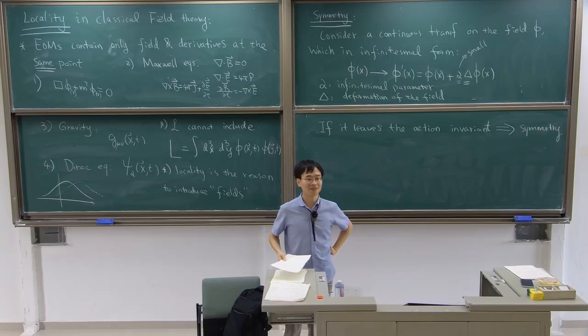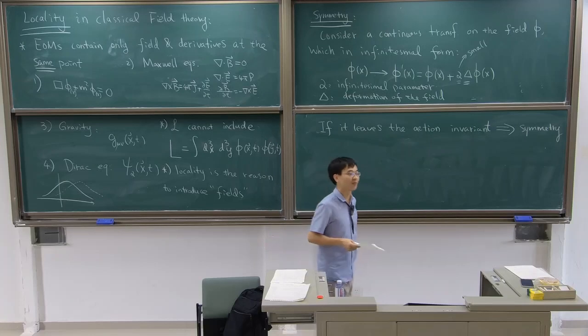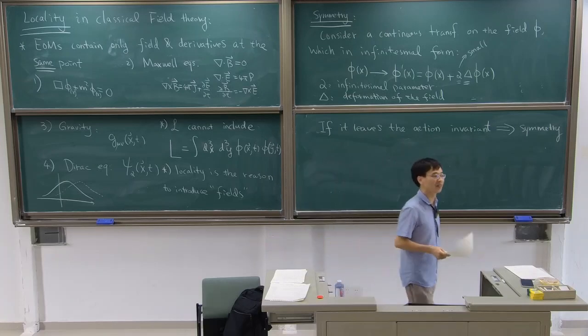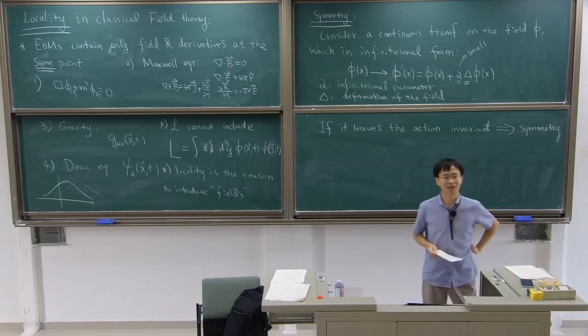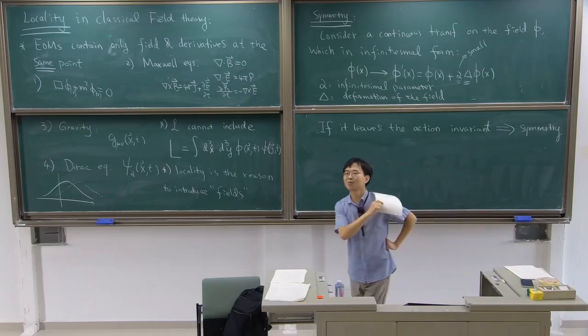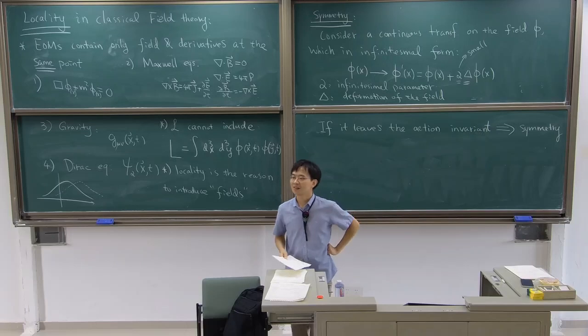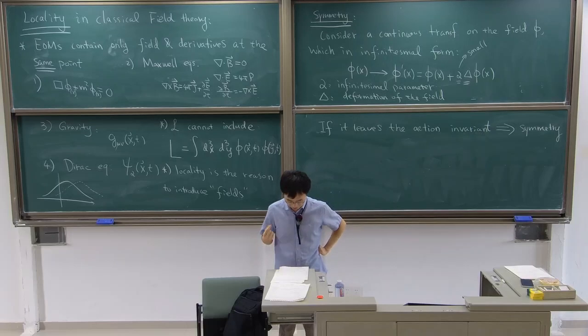Because there is something invariant, right? As you can feel, in the very beginning we emphasized that whenever we talk about symmetry, you should make it very clear which object is invariant. Now it comes back to here: in the context of field theory, the definition of symmetry is given in this way.